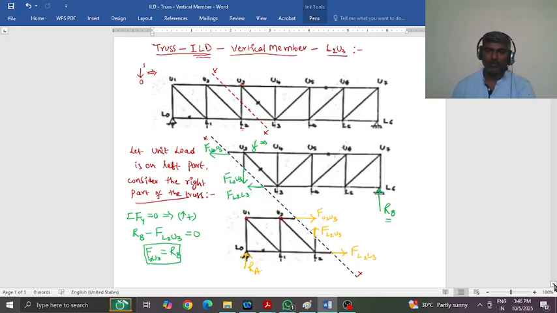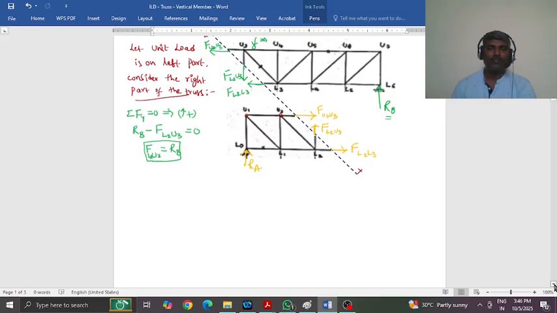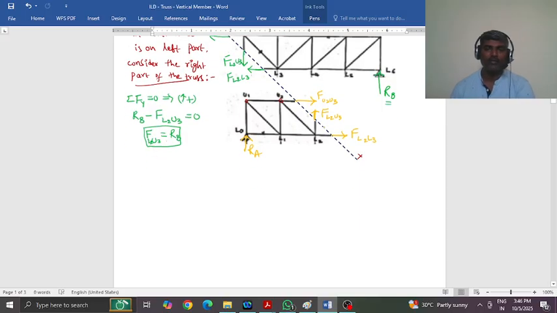Okay, so now you see how we find this vertical force required. Again applying sum of vertical forces equal to 0, which is RA plus, both are upwards, right?